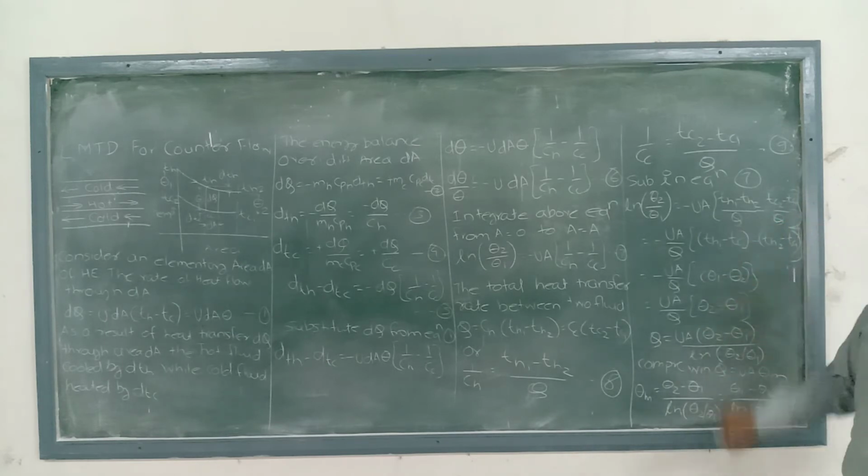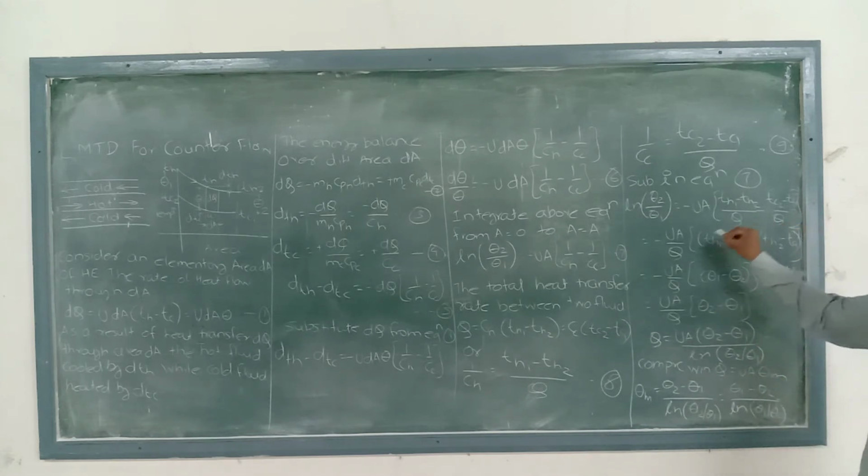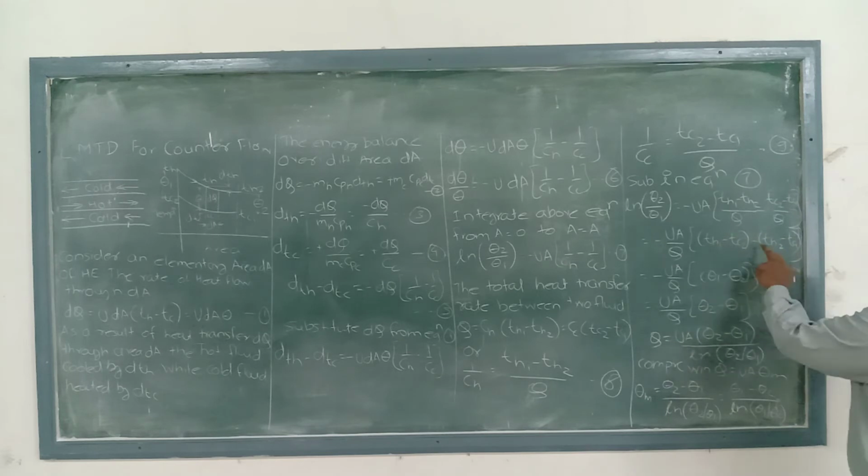Now Q is common in both the terms, so we are taking it outside the bracket. So minus UA upon Q, and these terms we are going to rearrange: Th1 minus Tc2, and Th2 minus Tc1.